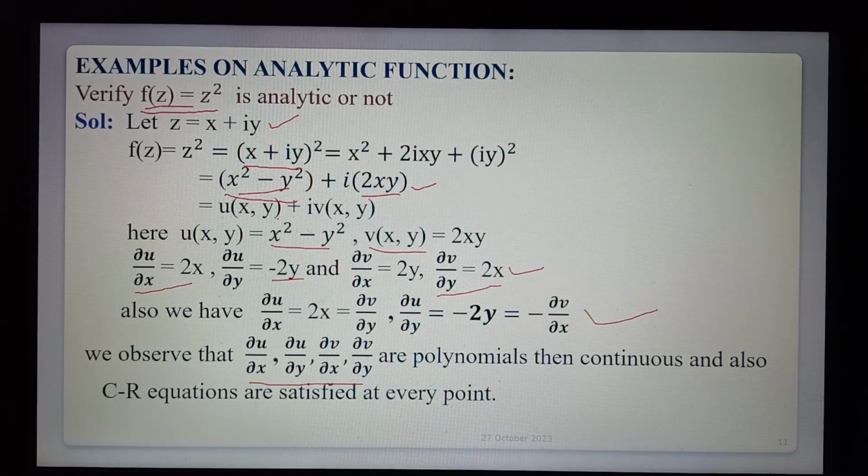Therefore the given function f of z is equal to z square is analytic everywhere, at every point where all the functions exist and are continuous and satisfy the CR equations. This is one example of an analytic function.